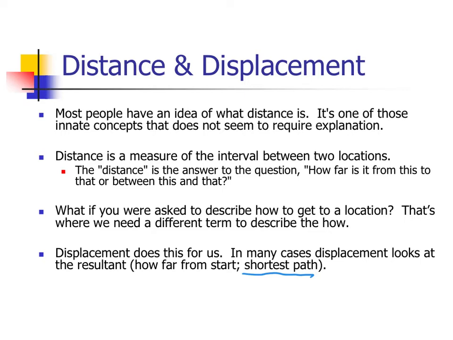Distance just tells us how far. Displacement tells us how far in what direction, but it's the shortest path. If you're able to cut through people's yards and run straight across 169, but not playing Frogger. Things such as that.